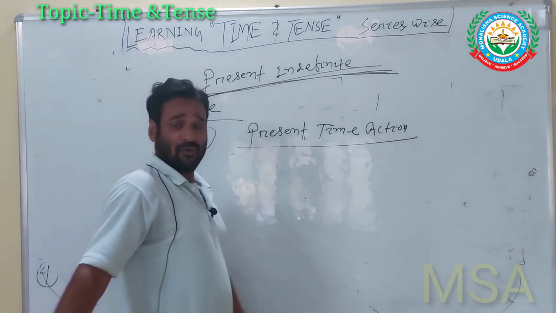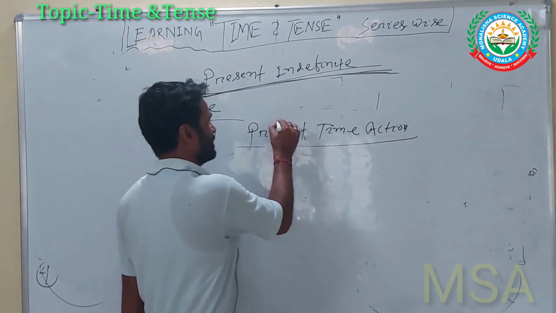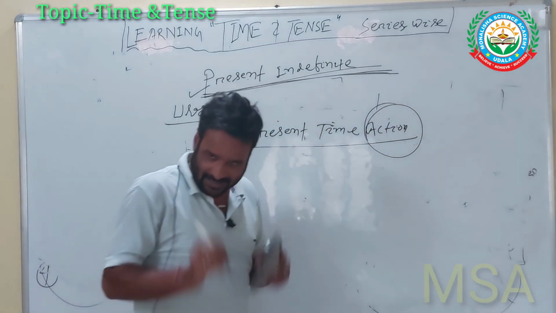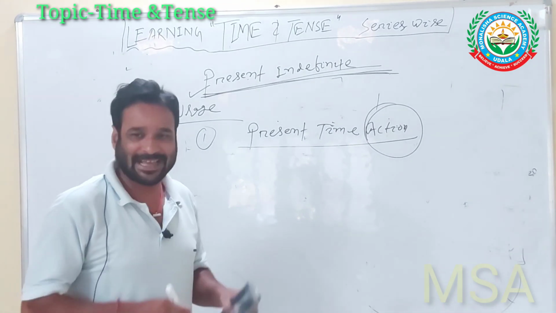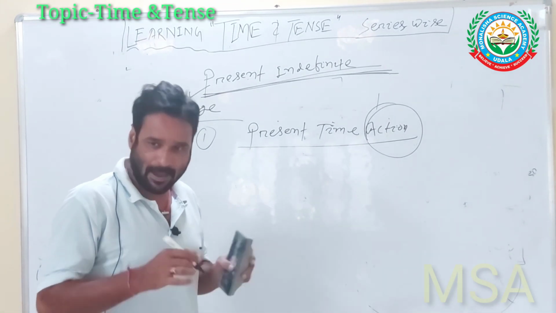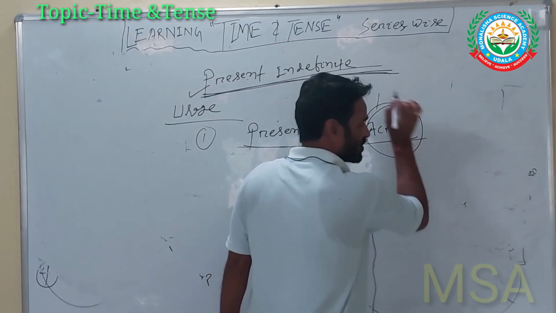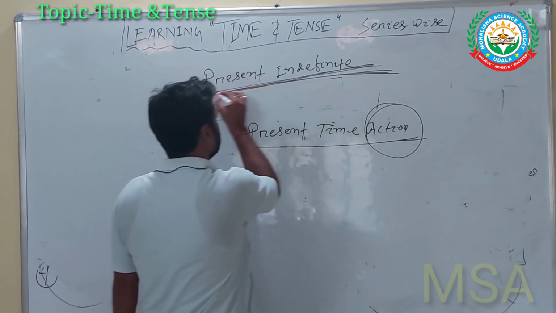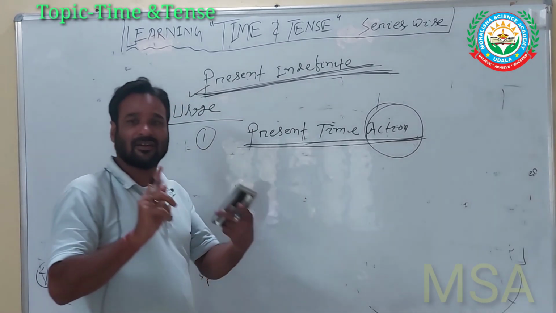So you know, in the previous class I told you about present time action. That means the action currently going on, at present going on. The action which is happening right now is called present time action. So present indefinite tense and present time action are related.